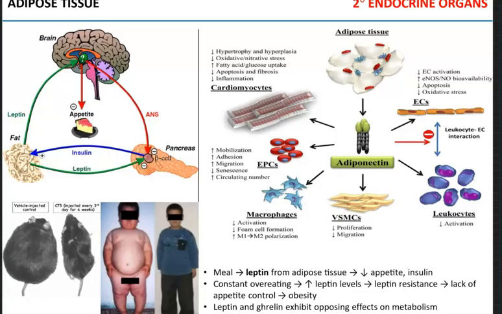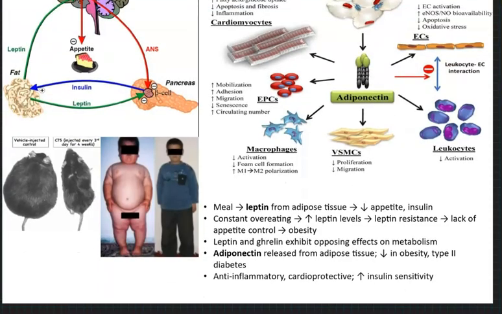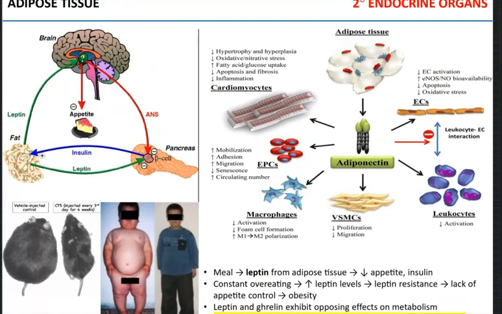One of them, and you may never have heard of it, is adiponectin. Adiponectin is a very weird hormone. It's produced by your fat cells.